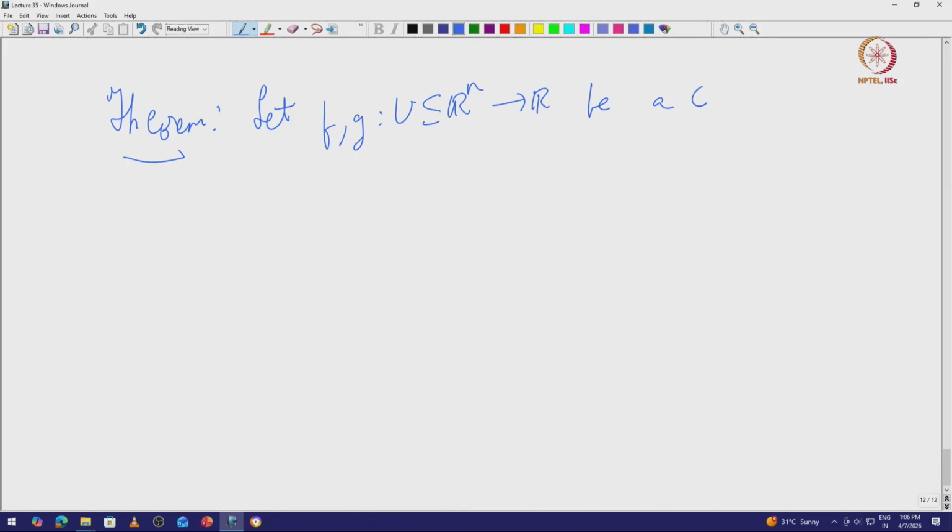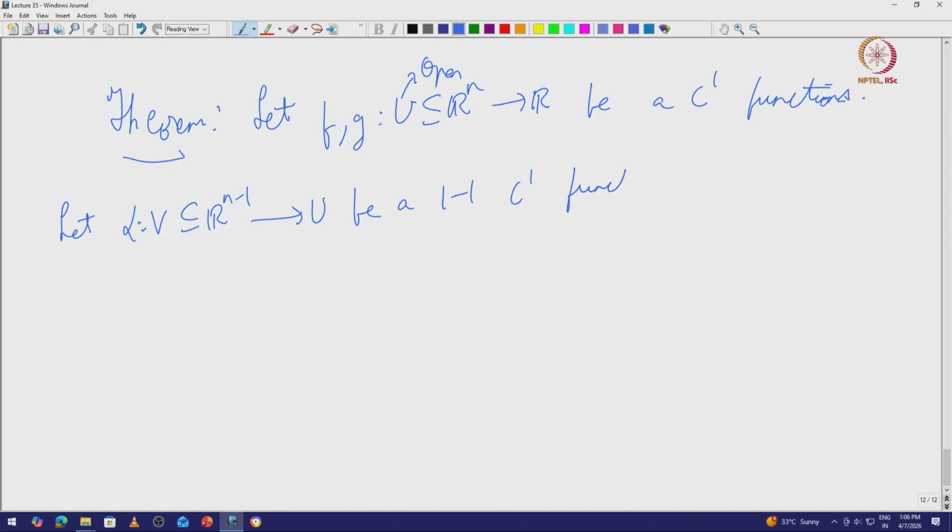Let f and g be C1 functions, and U an open set as before. Let alpha from an open set to U be a one-to-one C1 function such that g of y equals 0 and y is in U if and only if y equals alpha of x.